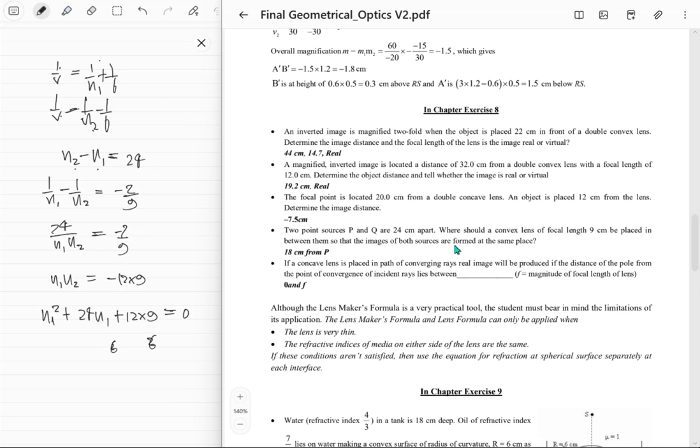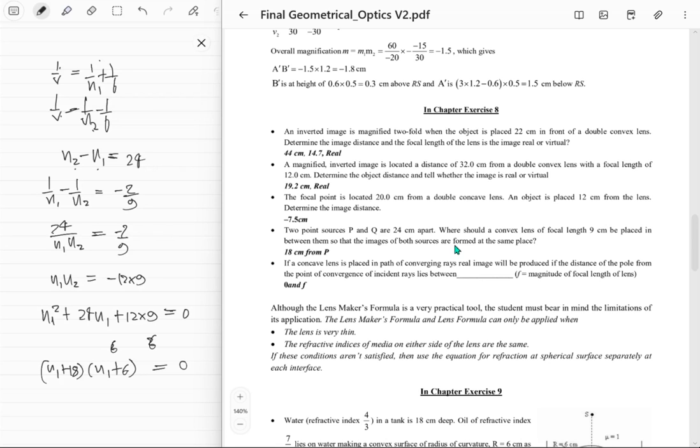So one of them must have a 3. So 18 and 6 is how you're going to break this. 18 times 6 is equal to 108, and this means it's either negative 6 or negative 18.